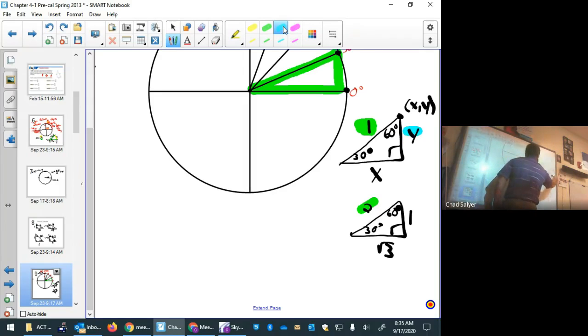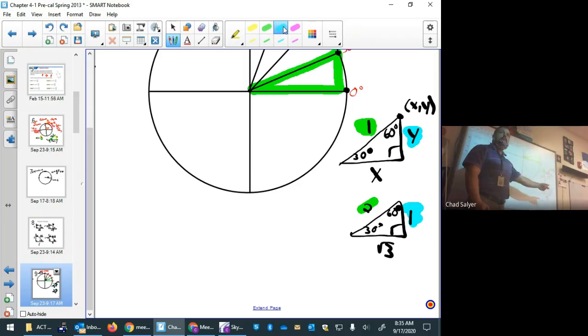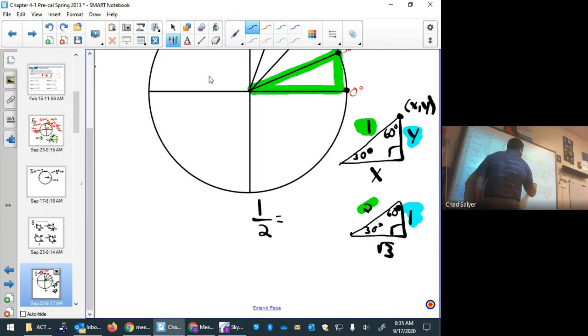Do you see how 1 corresponds to 2 and y corresponds to 1? Yeah. So I can set up this relationship. 1 over 2 has to equal y over 1. In other words, y equals 1/2.